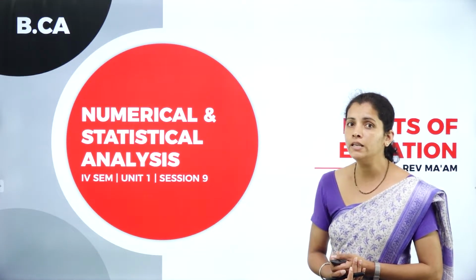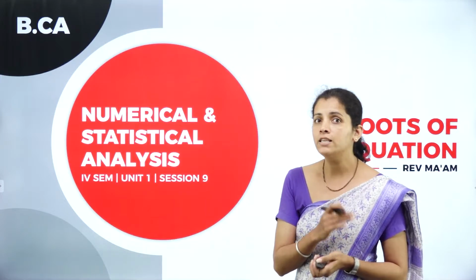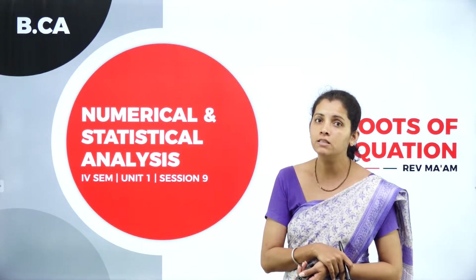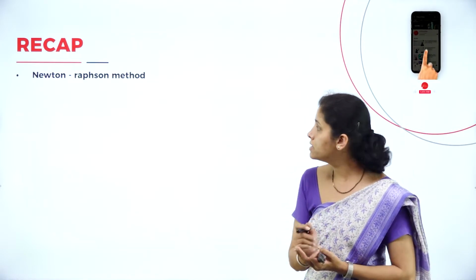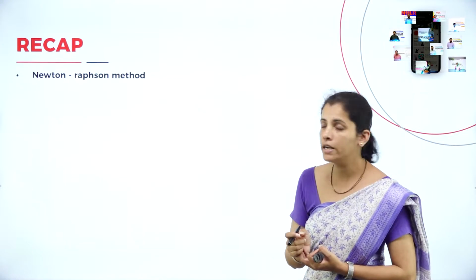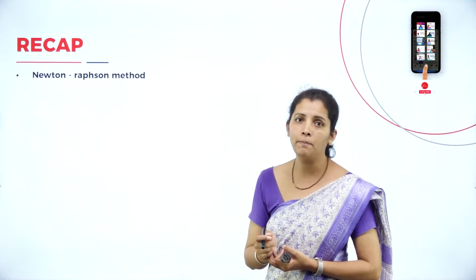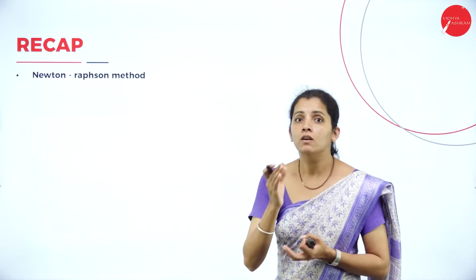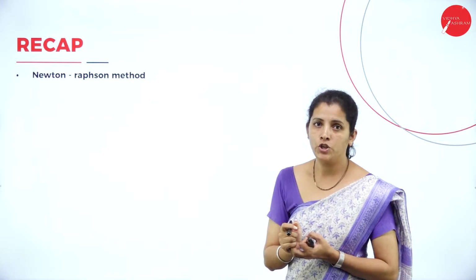So dear student, before going to start my today's session, let me recall the topic I discussed in my previous session. In my previous session, I started with Newton-Raphson Method. This method is also used to solve roots of an equation.